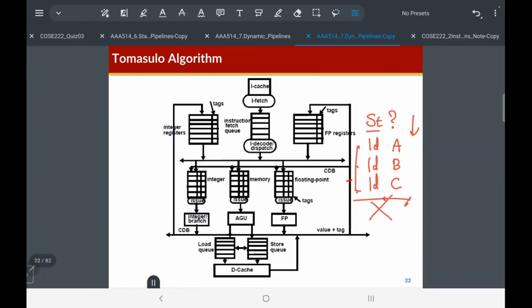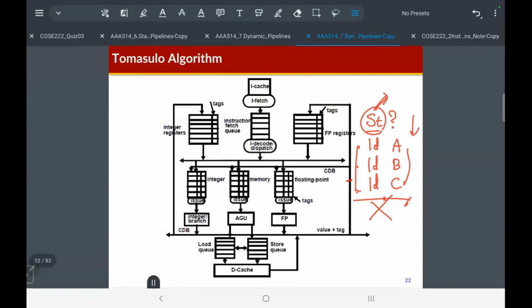Why? It's very conservative. With a very high probability, the address of this store instruction will be different from the addresses of the following load instructions.